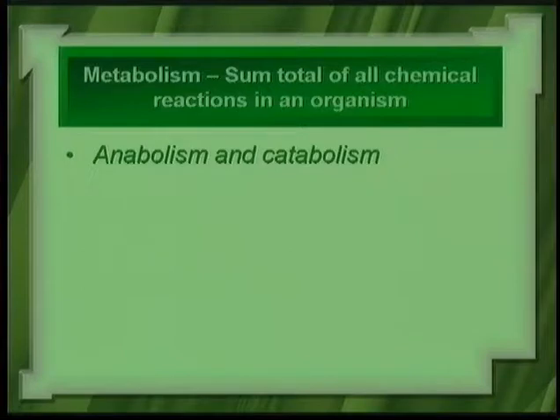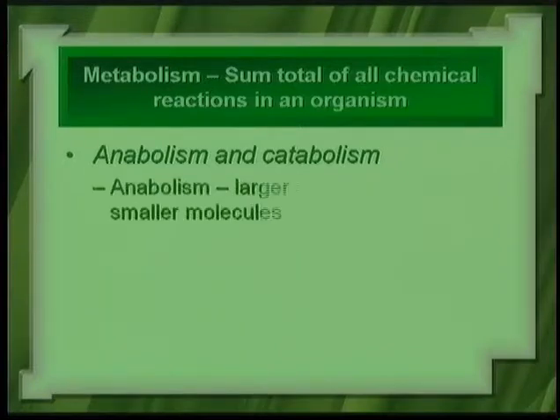Now, in terms of metabolism, it has to do with biochemical changes, biochemical events going on inside of a plant as well as inside of an animal. So we have two concepts known as anabolism and catabolism, okay? First of all, anabolism generally means that you put smaller molecules together to form larger molecules.